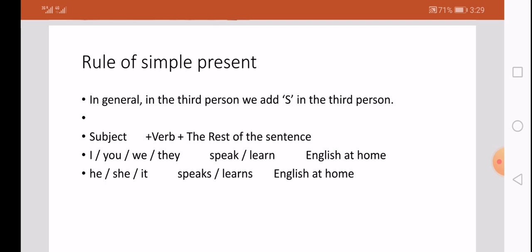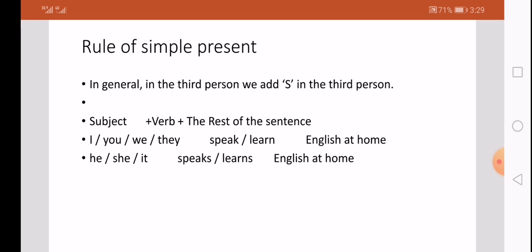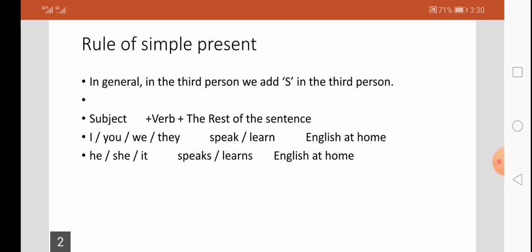But if the subject is one of these, which you call singular, he, she, and it, the verb speak takes S and the verb learn also takes S. So the sentence is going to be he speaks English at home or she speaks English at home. For the first one, we speak English at home. The verb doesn't have S here.